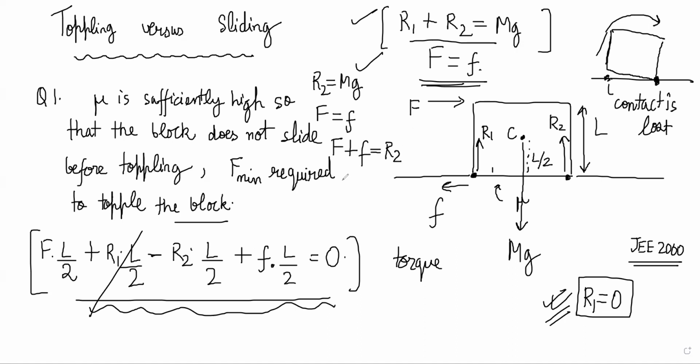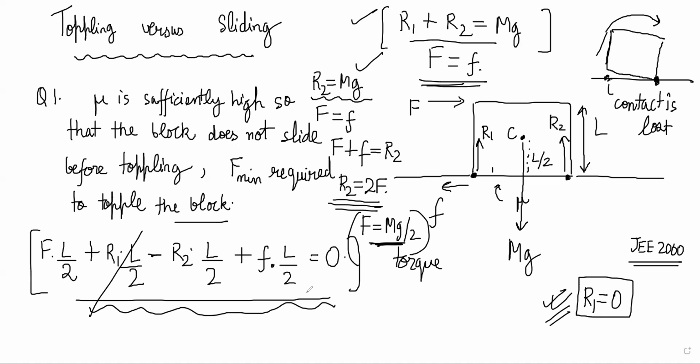So basically R2 is equal to 2F, right? R2 equal to 2F is coming and R2 is also mg. So F must be mg by 2, right?